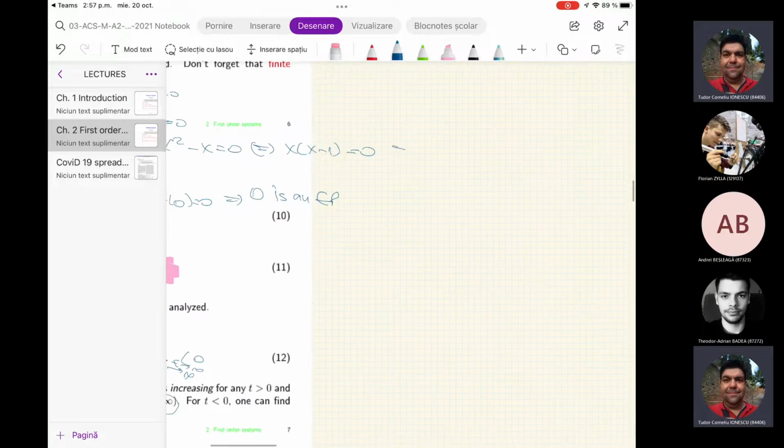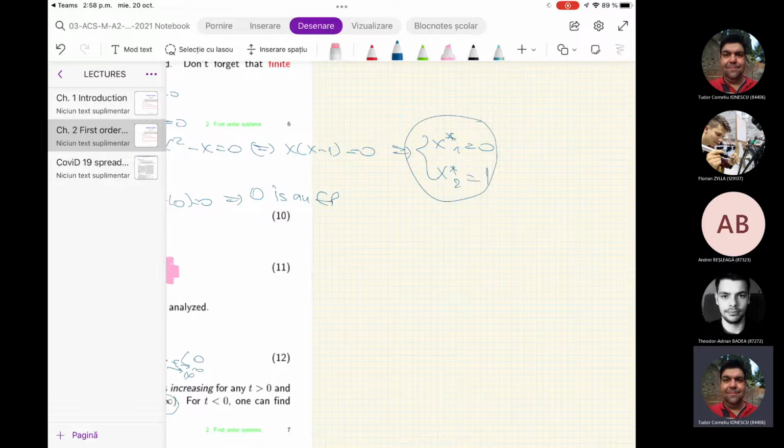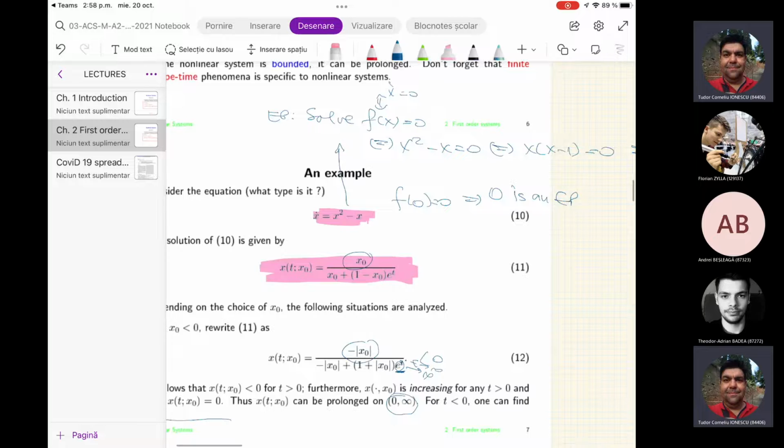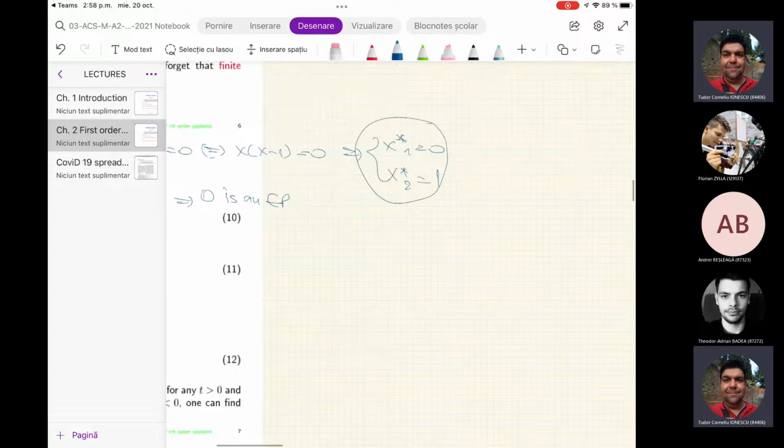So we have two equilibrium points: x star 1 is 0 and x star 2 is 1. And look at this solution. If the initial condition is negative, let's do some plot.